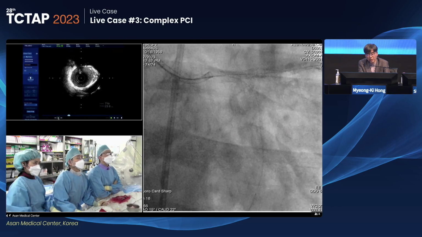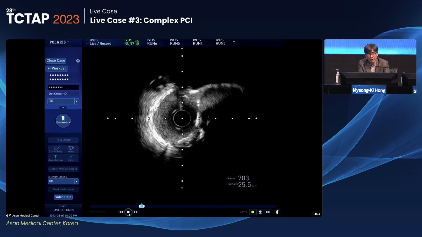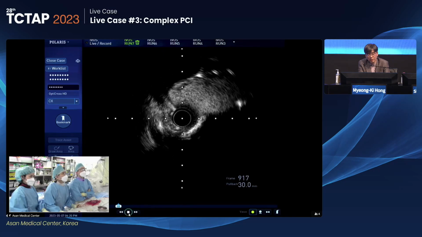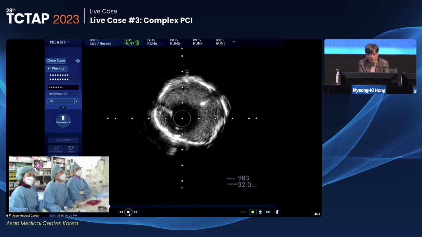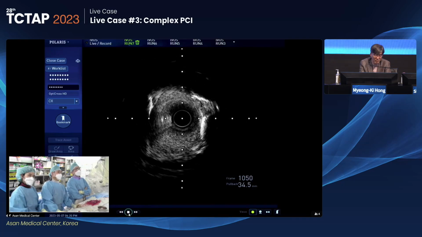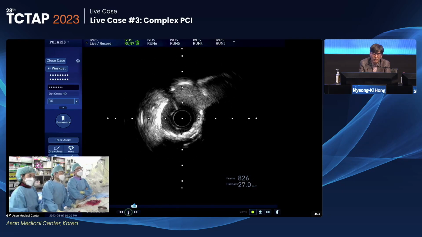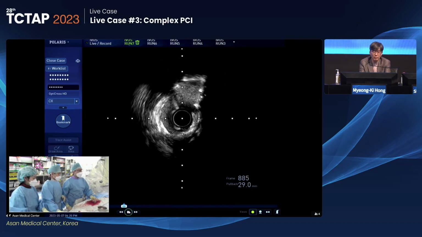Show me the ostium again. That can be a dissection, or a dissection to the opening of the OM, high OM. I will check the spider view.